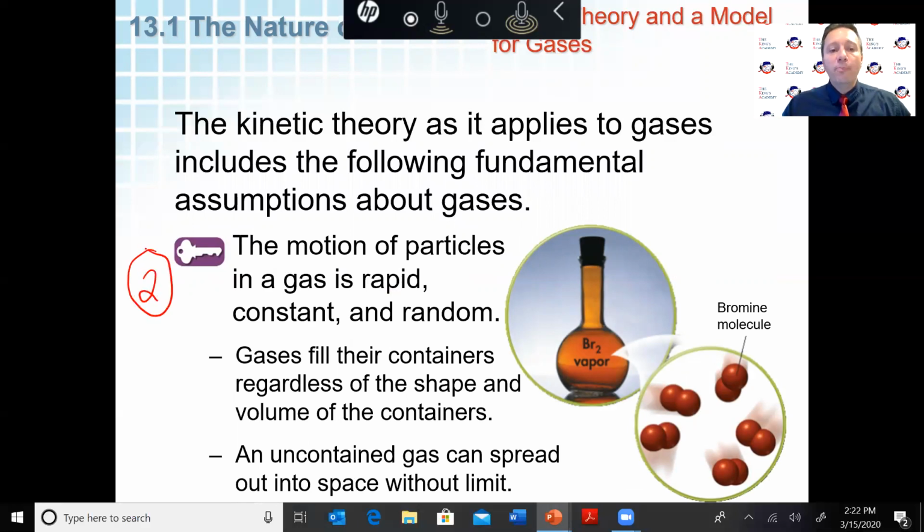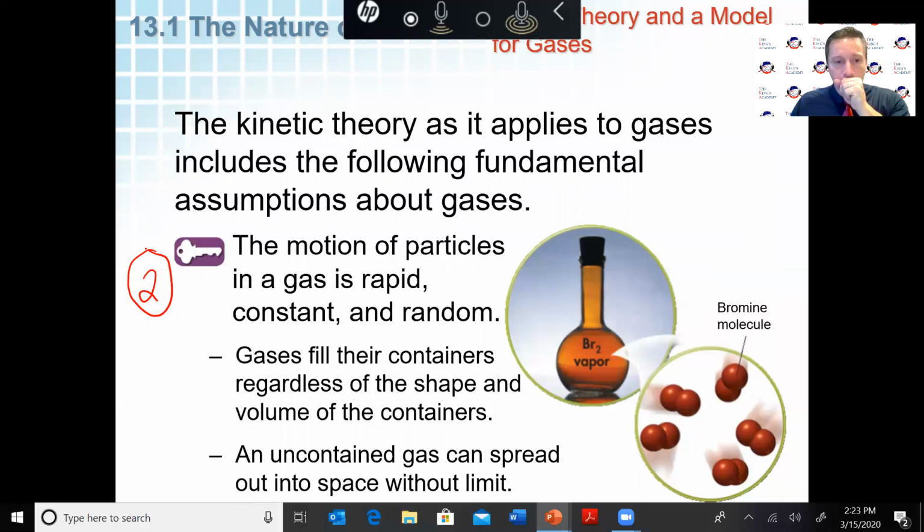So the motion of particles in a gas is rapid, constant, and random. So we know that particle motion does not stop. We're not at absolute zero, which is 0 Kelvin. So we always will have motion. When we talk about a gas, there's no attraction. So these particles are going very quickly in all directions.